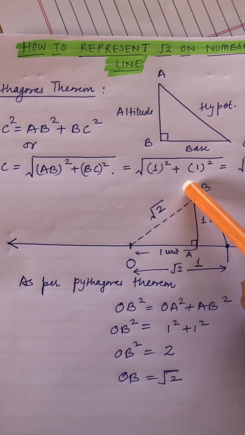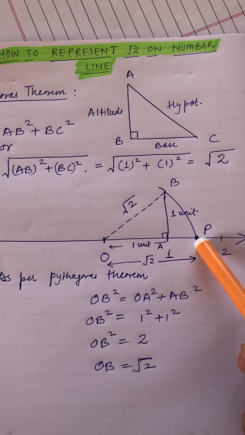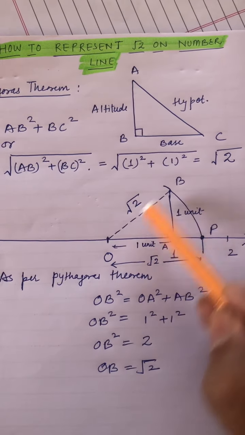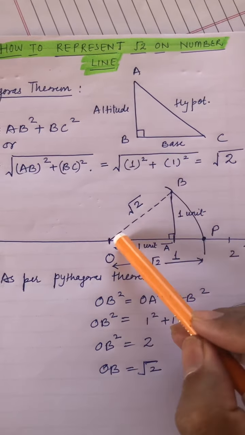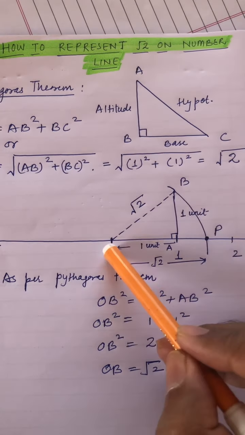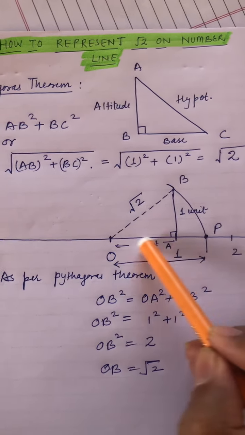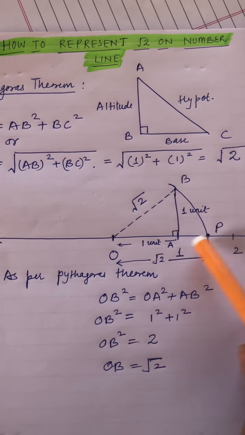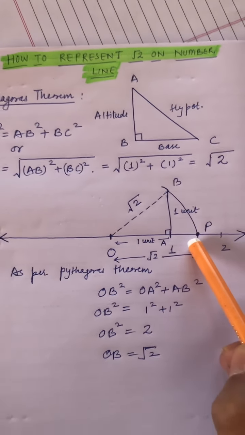So this arc will cut the number line at point P. Now because the lengths OB and OP are the radius of the arc, they will be equal. So because OB is root 2, OP is also root 2. So that means this length is equal to how much? Root 2. So this is the representation of under root 2 on a number line. That means O to P length is under root of 2.